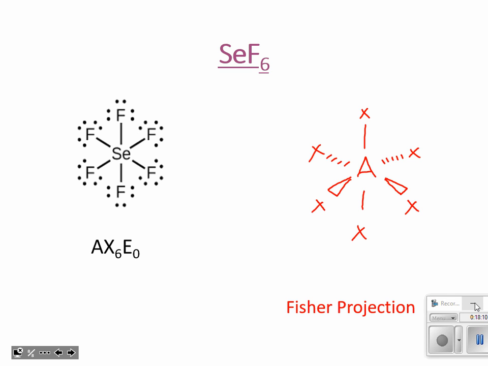So when I do so, I'm going to start off getting that A out of there. And I'm going to put Se in place of that A. And then where I have all these X's, I'm going to put fluorines.